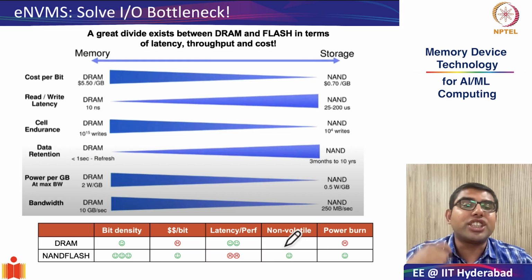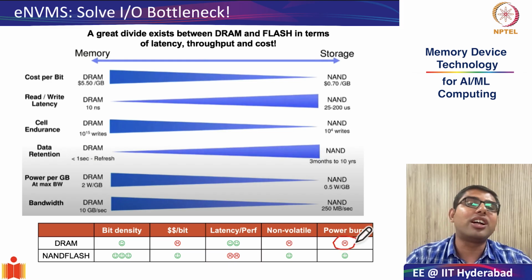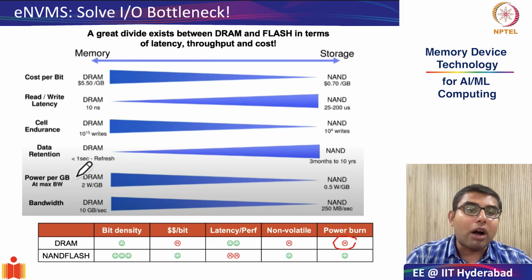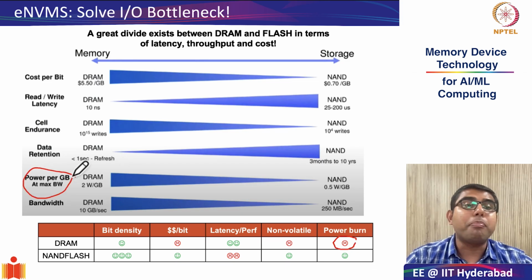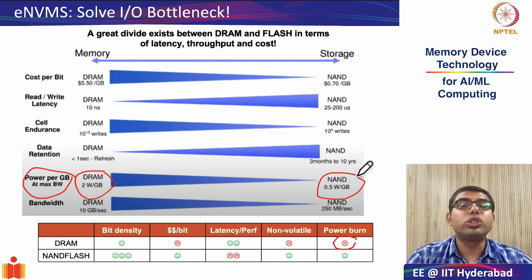And this continuous refresh is what results in much larger power burn. That is what is indicated in power per GB at maximum bandwidth. As we see, the difference in power burn between NAND flash and DRAM is nearly 4 times.